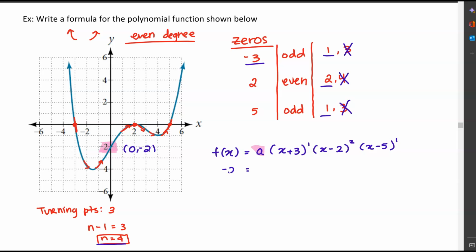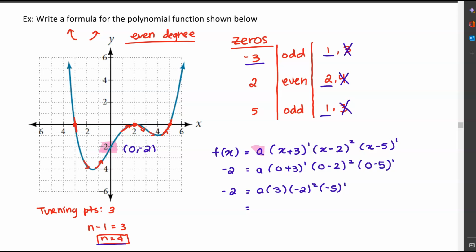So we're going to have -2, a, and the nice thing about this is that we're really plugging in 0 for x's. And so here we end up with a times 3 times -2 squared times -5 to the first power. Here's our -2.